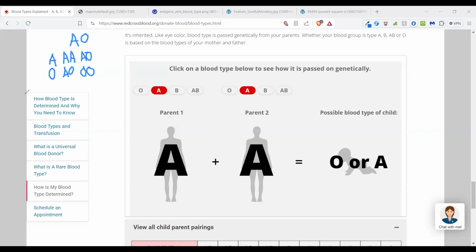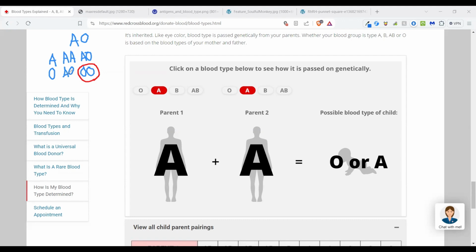So this is actually showing that there is a 1 out of 4 chance that the offspring of two parents with type AO could have a blood type O child. So that's a 1 out of 4, 25% chance.